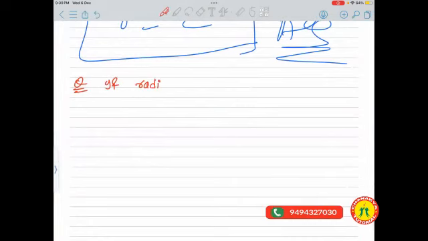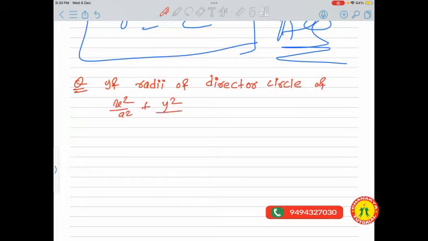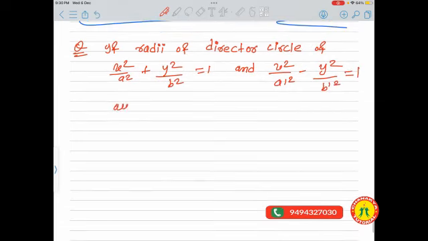If the radii of the director circle of x square by a square plus y square by b square is equal to 1, a mixed question of hyperbola and ellipse, and x square by a dash square minus y square by b dash square is equal to 1, are 2r and r respectively.